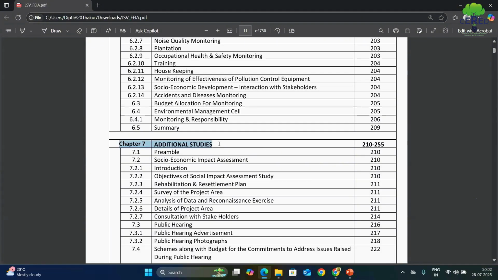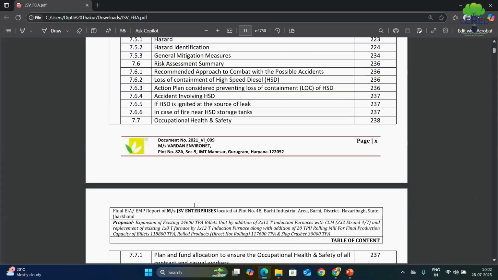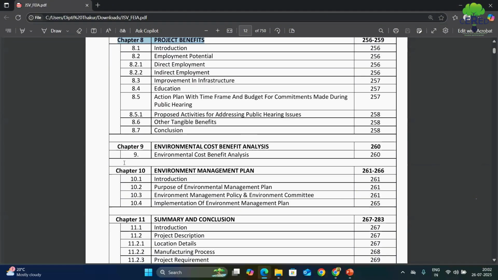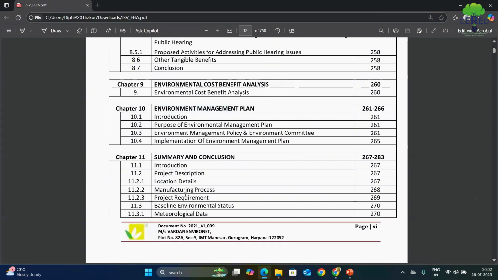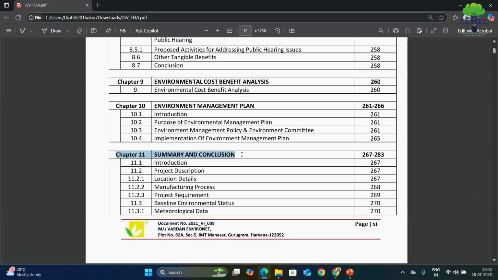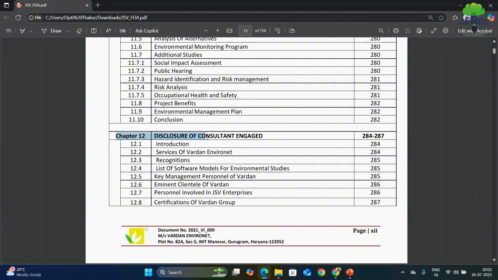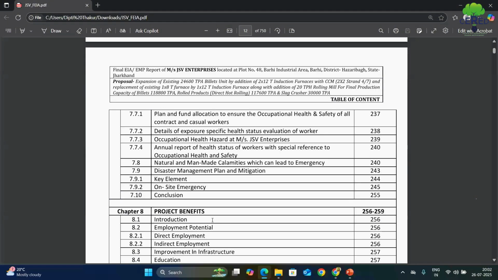The seventh is additional studies, where we write about the public hearing. The eighth chapter is about project benefits. The ninth chapter is the cost benefit analysis of the project. The tenth one is important because it is the environmental management plan. Chapter 11 is summary and conclusion. And at last, chapter 12 is disclosure of consultant engaged, that is, which environmental consultant is engaged with this report or project. So these are the complete 12 chapters of EIA.